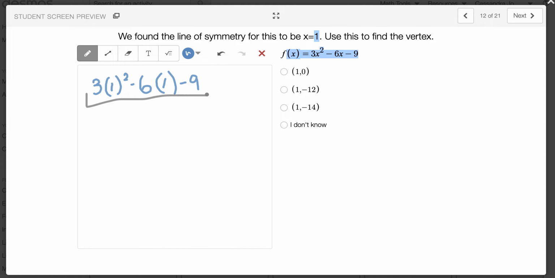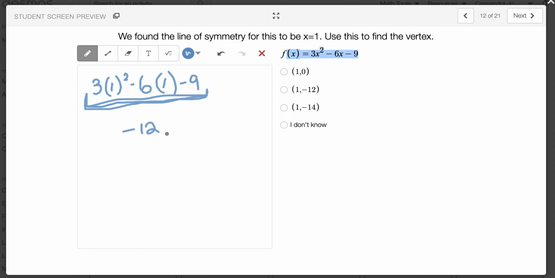You can type this whole thing into your calculator. I highly recommend pausing it now and typing this in and making sure you get the same answer as me. If we type all this in, we should get negative 12.